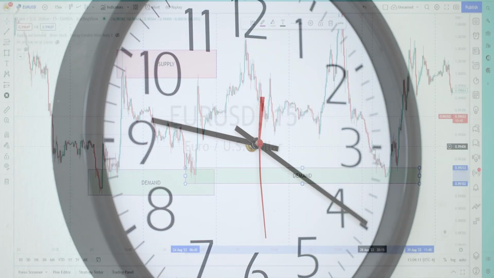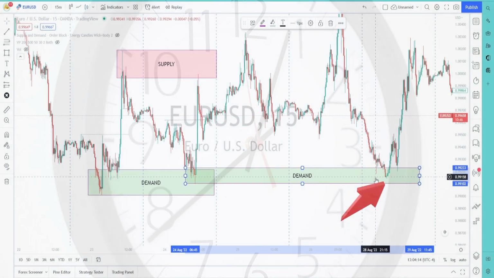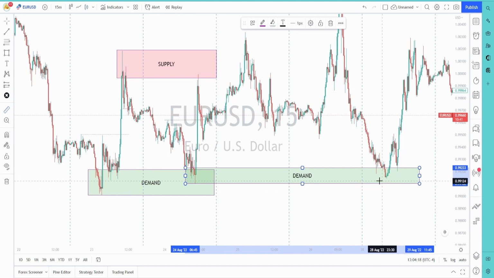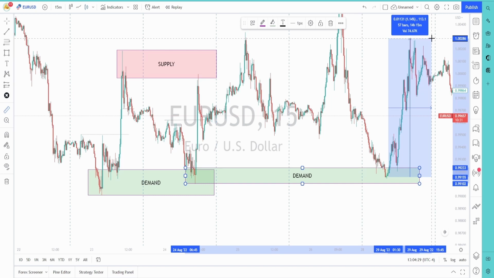And in time, it did come back into it. At that point, you would have been looking for an opportunity. You might have been trying to get in at this point, and you might have been stopped out depending on where your stop loss was. But you can see that it moved 113 pips.